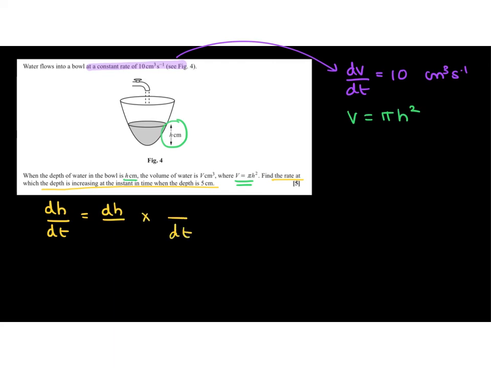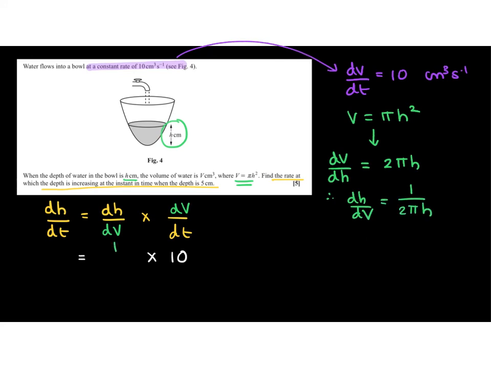I know what I need, the components of my final answer, and I know that this question involves V as another variable. So I know that dV by dt is 10, but I don't know yet what dH by dV is. But I was given this information here, and I can differentiate with respect to h. So dV by dH is 2 pi h, and therefore dH by dV is 1 over 2 pi h. So that's 1 over 2 pi h.